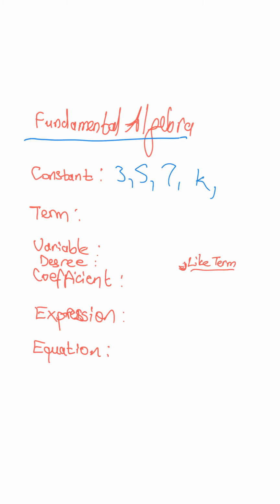Term, basically when you have any algebraic phrase along with it. A term goes by any element between two mathematical operations. For example, in this one, this is a term, this is a term, this could be a term.